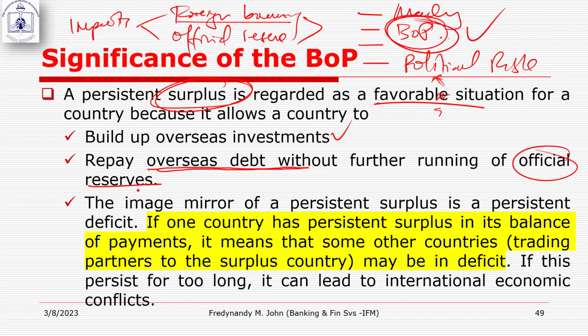If this continues for some time, it may cause retaliation or economic conflicts. Why? Because your trading partners are also looking to improve their balance of payment. So probably they'll start imposing restrictions on the products that you export to their countries in order to improve their balance of payment position. And that can lead to a serious economic conflict.